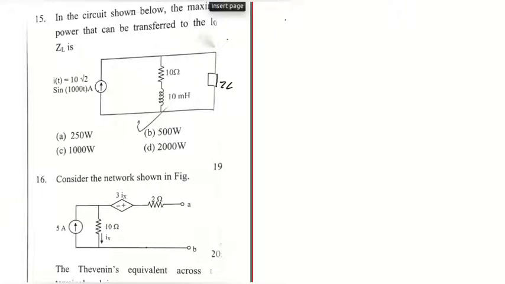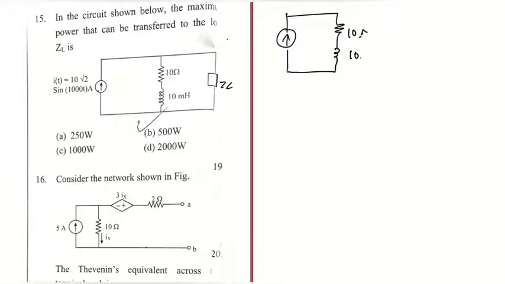I am going to redraw the circuit over here. Okay, so this is the circuit, and we have to find out the maximum power that can be transferred to the load ZL.